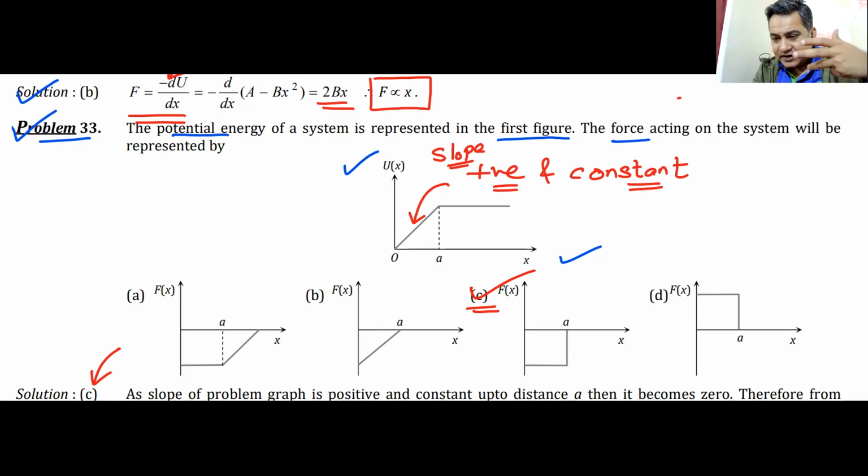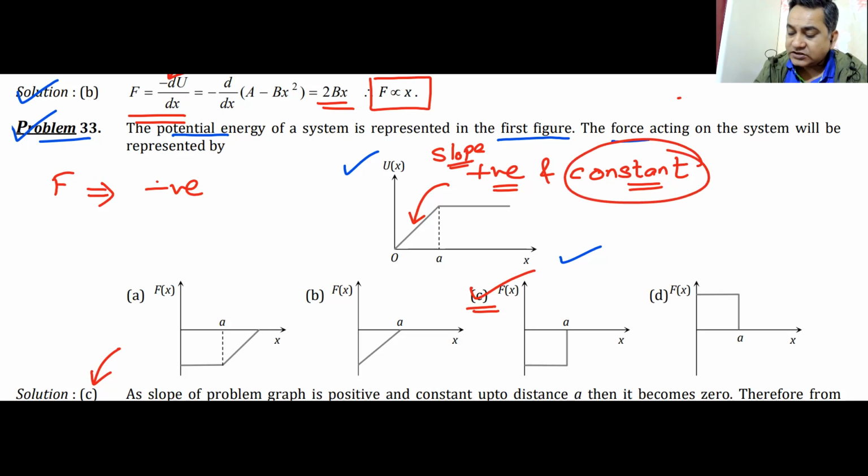Now, the slope of this graph, if I take the negative of that slope, the negative of that slope will give me force. Now, slope is positive, so negative of that positive will be negative. That means force is negative. Do we understand this? Because the slope is positive, therefore negative of positive is negative.